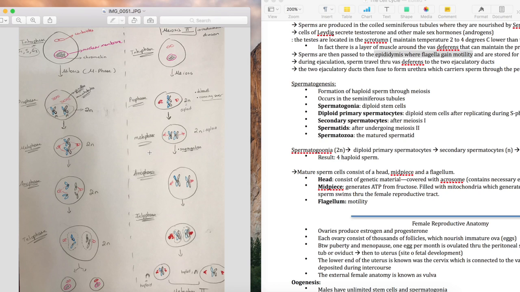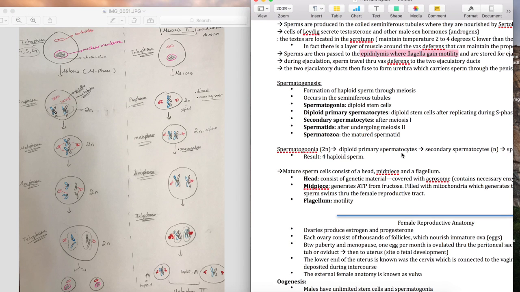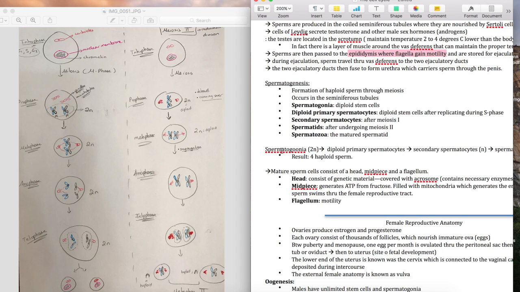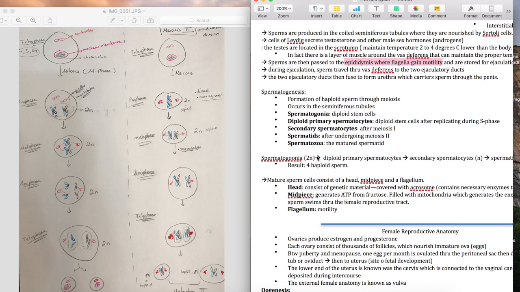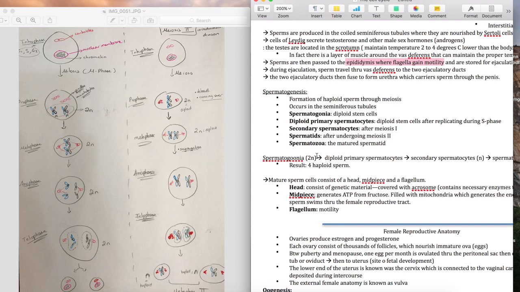All right, so spermatogonia is diploid, and as it matures, it goes to diploid primary spermatocytes, right? And right here, what's happening is independent assortment.